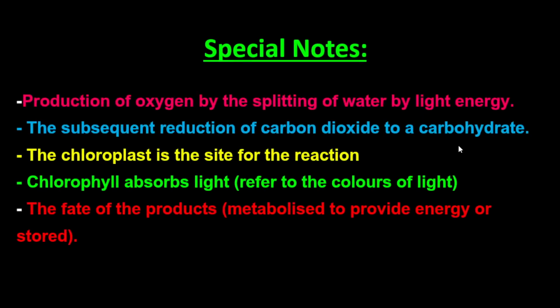Now, a very important note here is that the production of oxygen is done by the splitting of water molecules by light. So when light splits water molecules, you get oxygen, and you also get hydrogen. The hydrogen is used to combine with carbon dioxide to form glucose. So it's the subsequent reduction of carbon dioxide to carbohydrate.